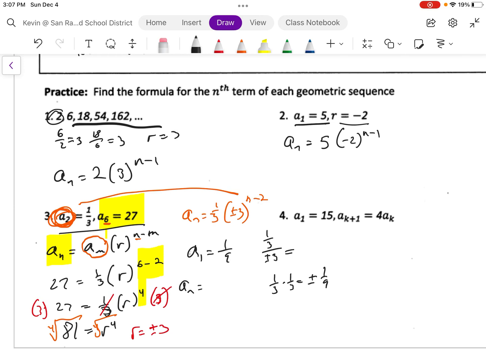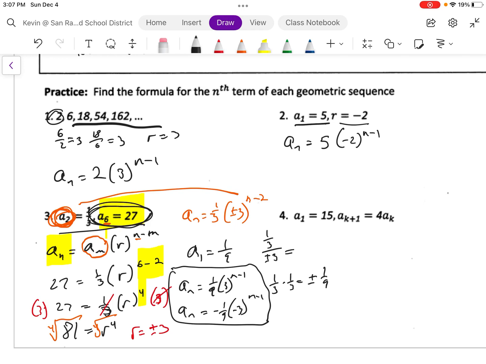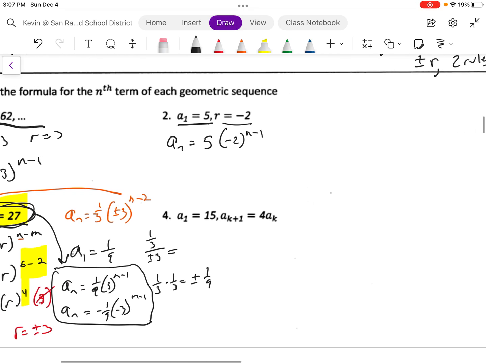So now I can write a sub n equals 1/9 times positive 3 to the n minus 1, or a sub n equals negative 1/9 times negative 3 to the n minus 1. And anytime you're doing these, you can always plug this in to both of those, and if they work, then you know you have the right answer.